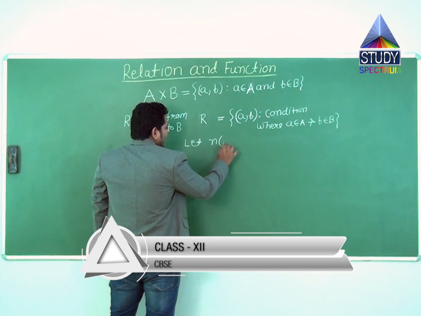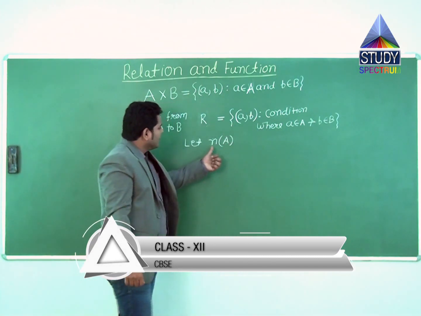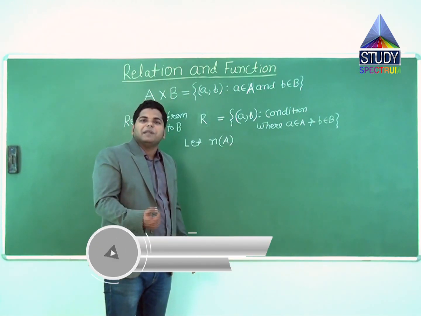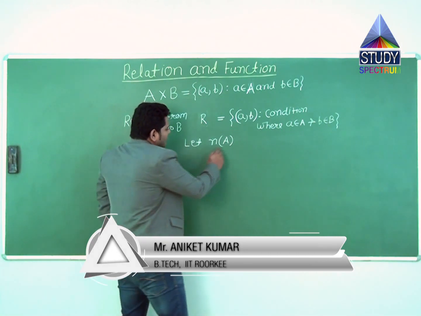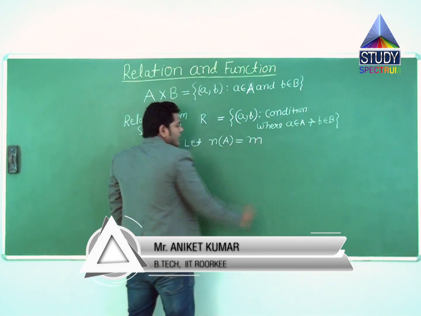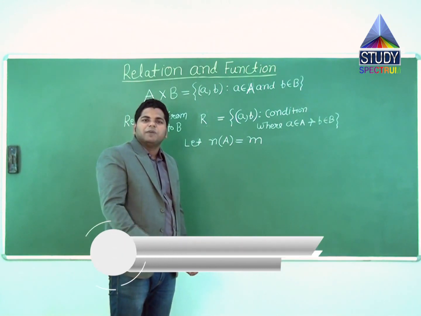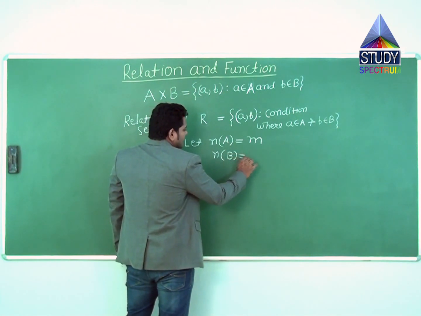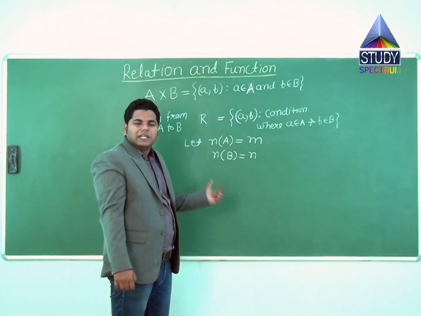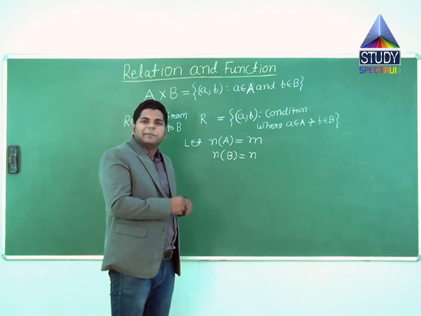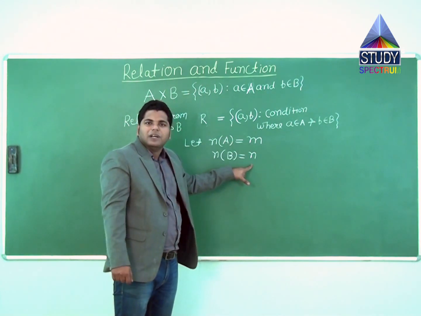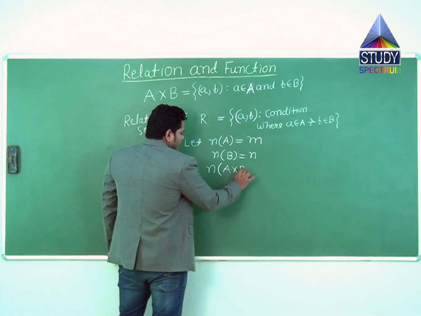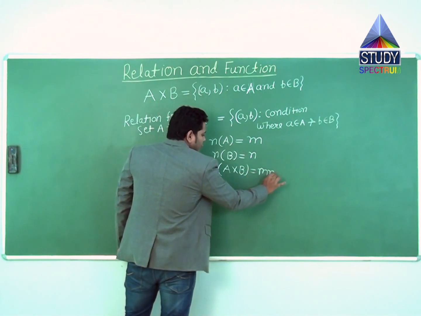N of A means the number of elements in set A. Suppose the number of elements in set A is m and the number of elements in set B is n, N of B is n. Then the number of elements or order pairs in A cross B will be m into n.